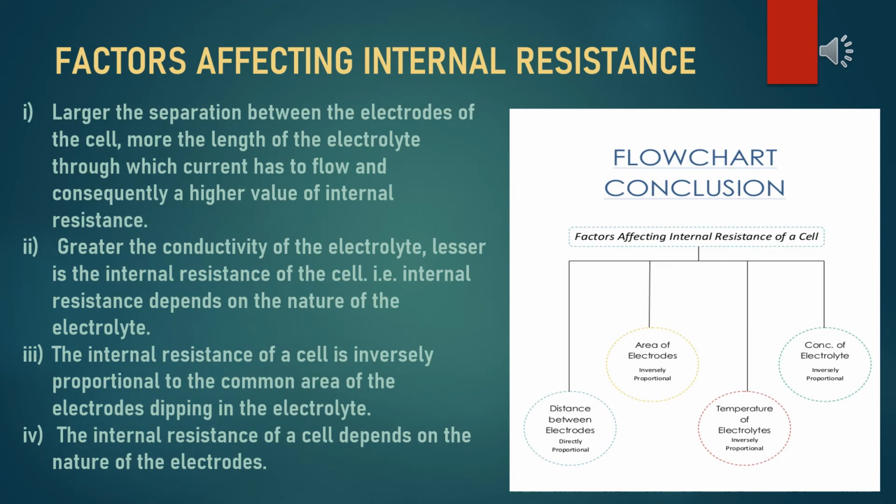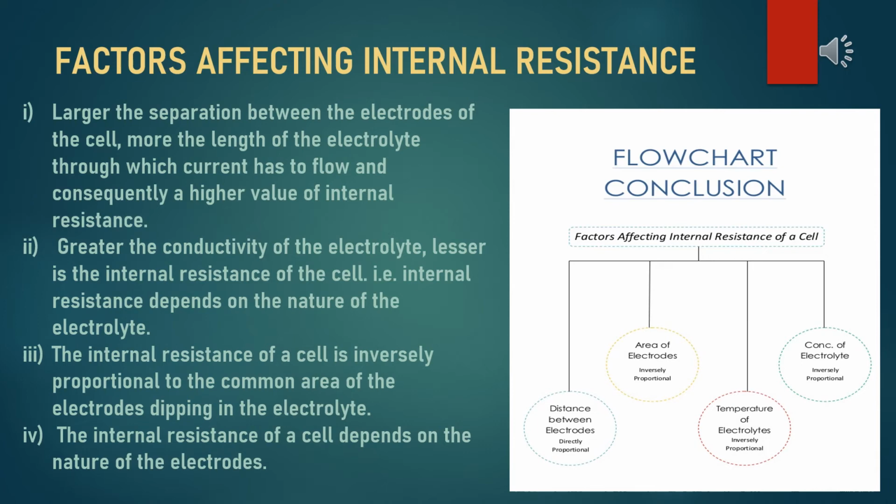Already it has been described. So from here I will get that E is equal to I into (R plus r). The terminal voltage of the cell, capital V, is equal to I into capital R. And the voltage drop due to internal resistance of the cell, small v, is equal to I into small r.